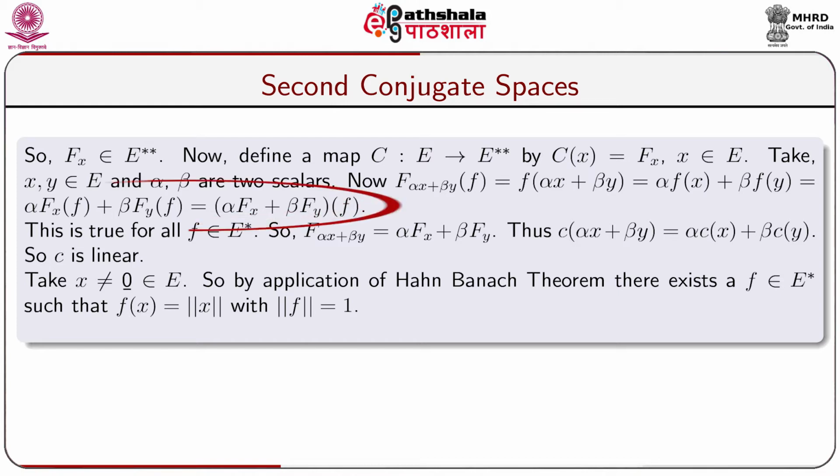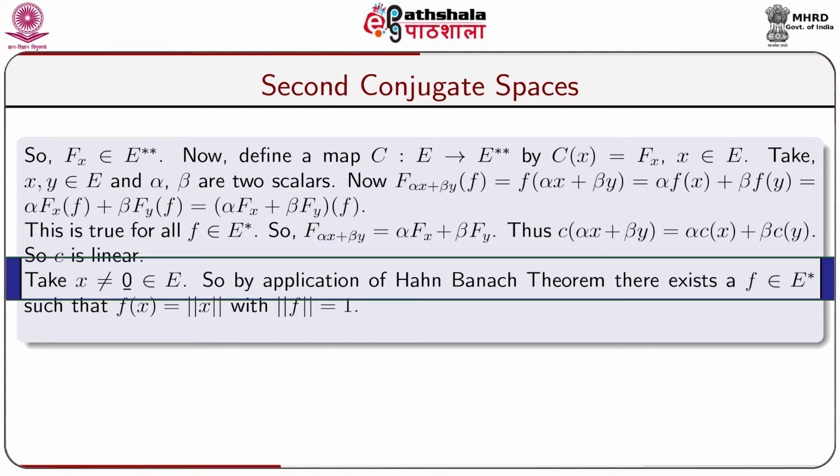Thus, C of alpha x plus beta y equal to alpha C x plus beta C y. So, C is additive. Similarly, C of lambda x equal to lambda times C x. Therefore, C is linear.